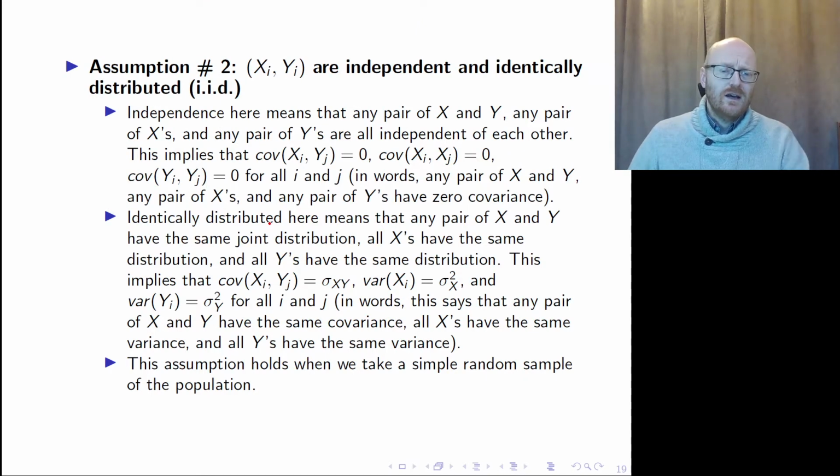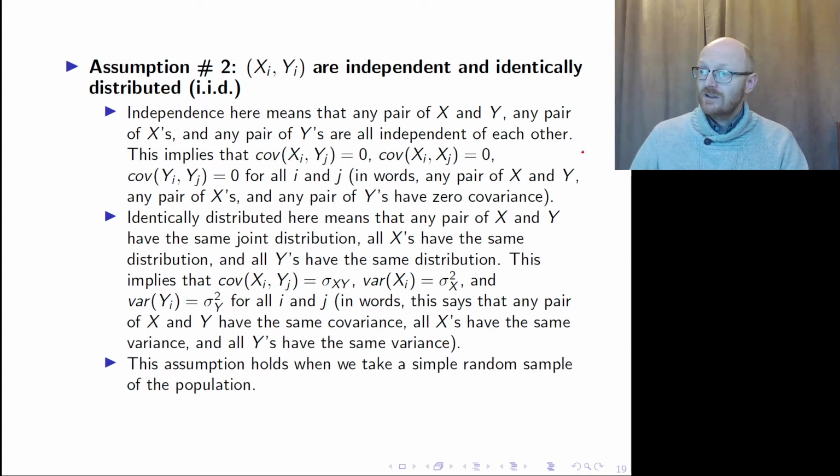The second assumption would be that the pairs of x_i and y_i are independent and identically distributed. They are IID. For example, it means that any pair of x and y, and any pair of x's and any pairs of y's are all independent of each other.